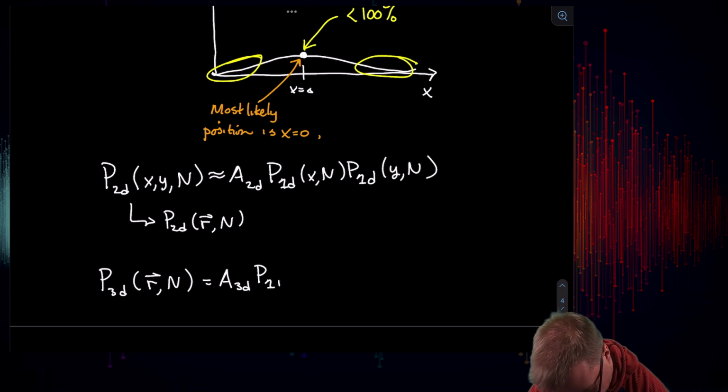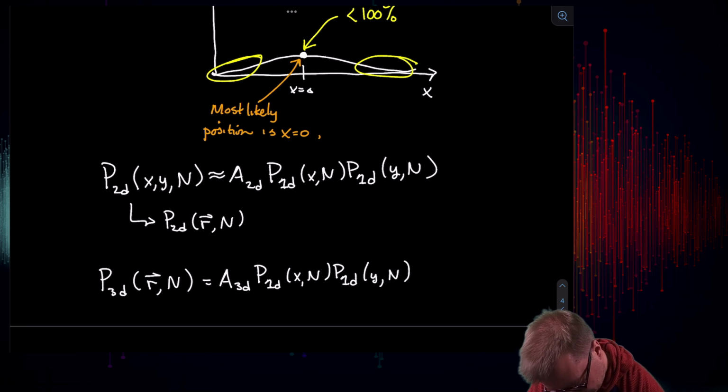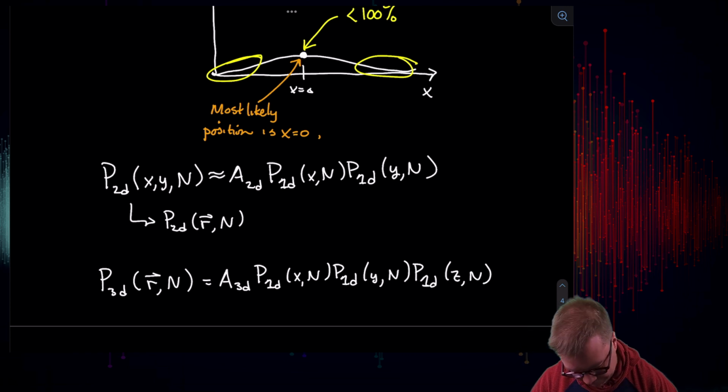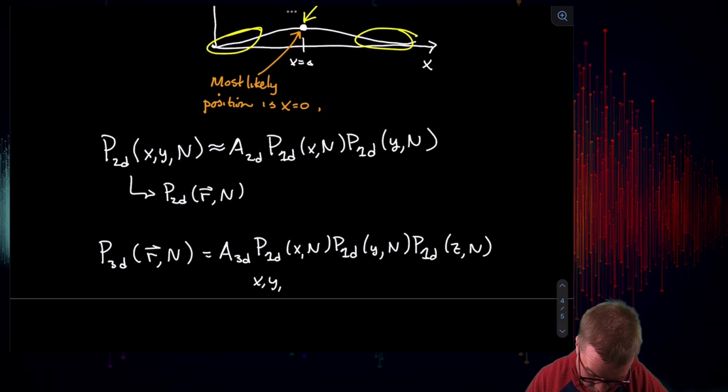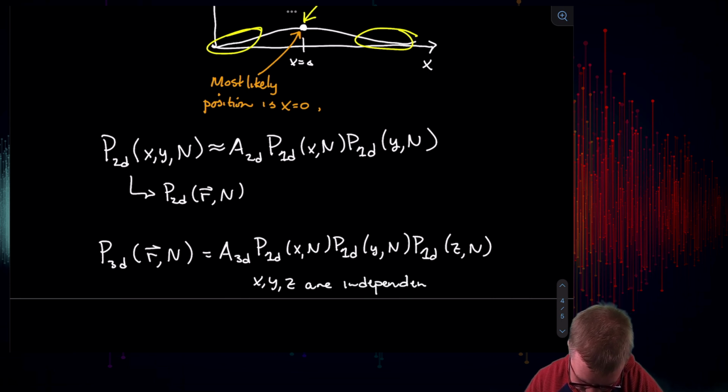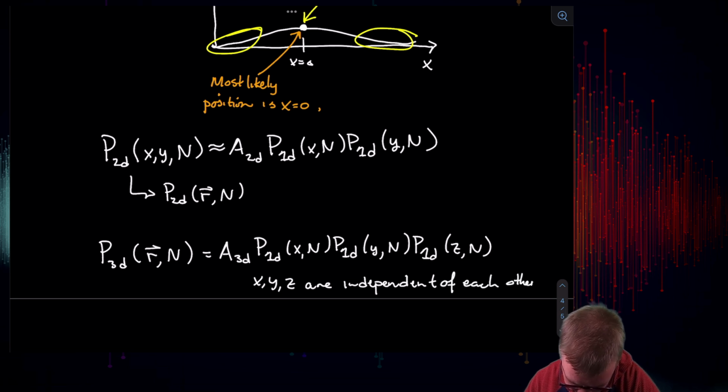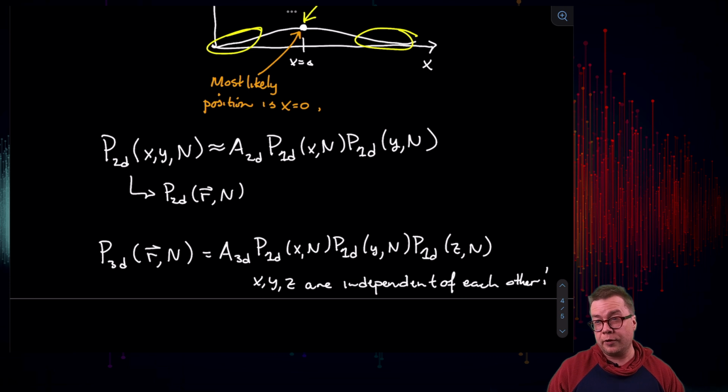And we get P 1D of x, P 1D of y, and P 1D of z. And again, in doing this, the assumption is that x, y, and z are independent of each other. So that may be true or that may not be true.